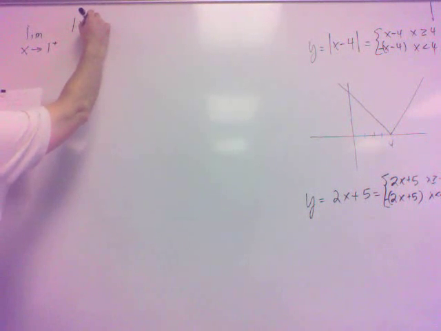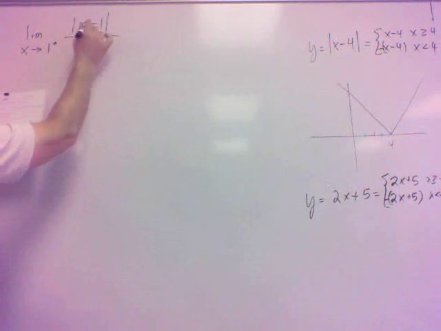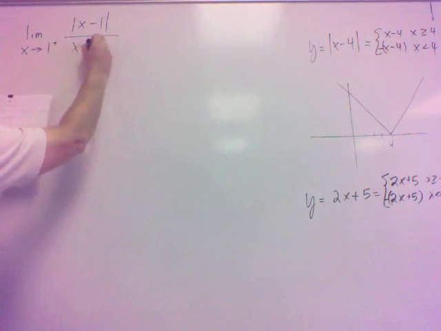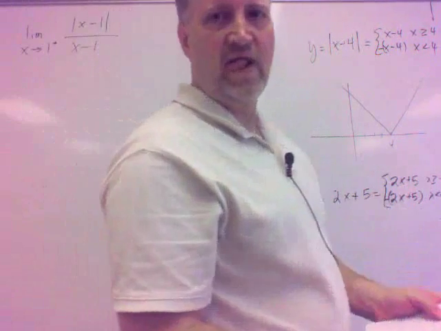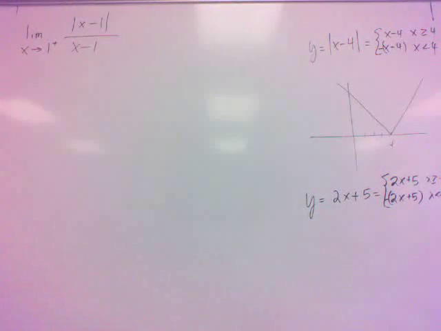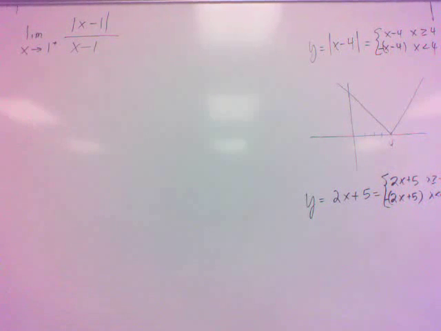The limit as x approaches 1 from the right of the absolute value of x minus 1 divided by x minus 1.